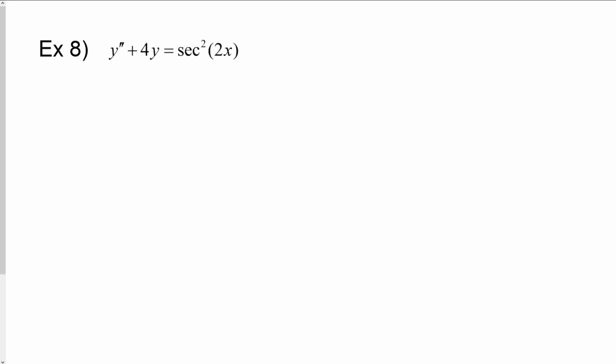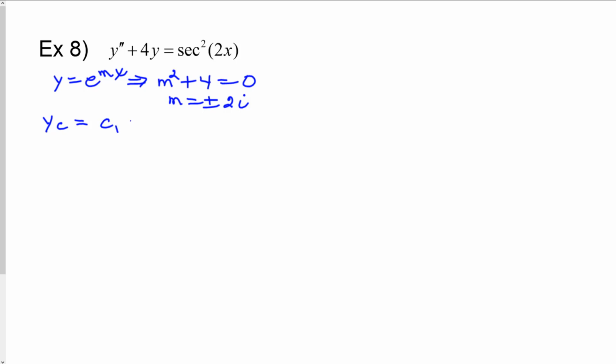All right, so we begin by finding the solutions to the homogeneous part. At this point, you should probably have some of these memorized because we've done a lot of the same ones. So m squared plus 4 equals 0 is going to give us m equal plus or minus 2i, which we know will give us the complementary function y sub c equals c1 cosine 2x plus c sub 2 sine 2x.